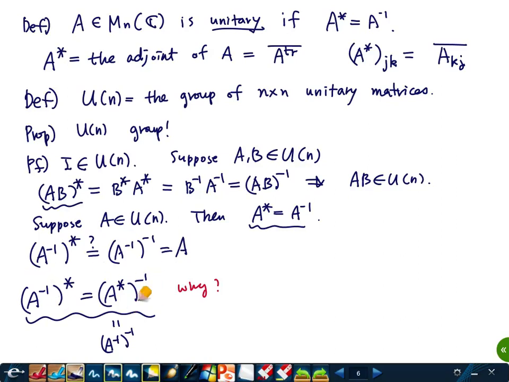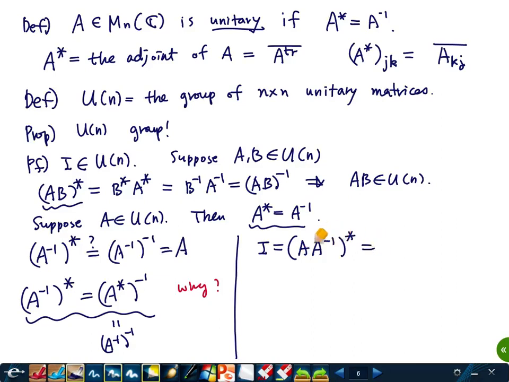But that's not difficult. Let's do that right here. Proof of this. First of all, I is equal to A A inverse, of course, and the star does the same. Now let's compute this.